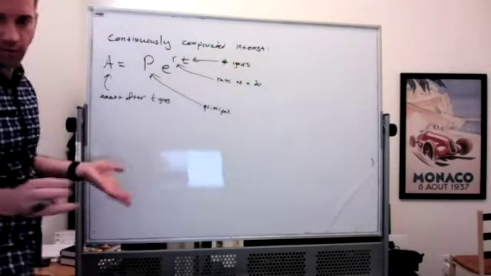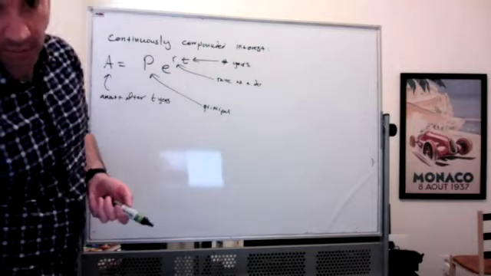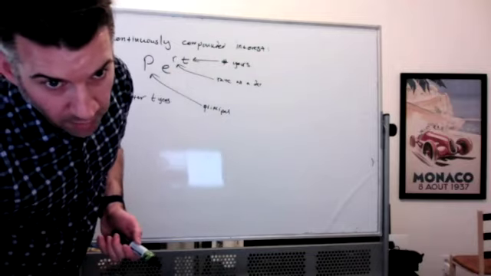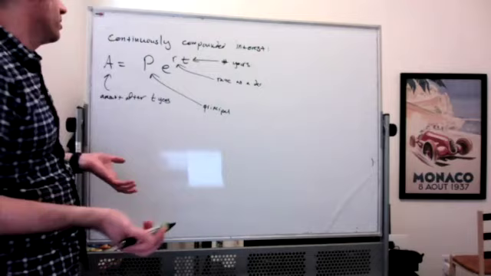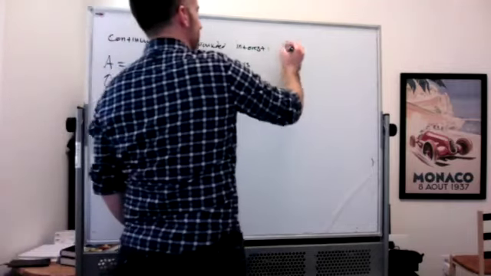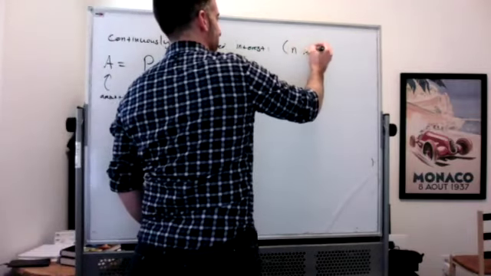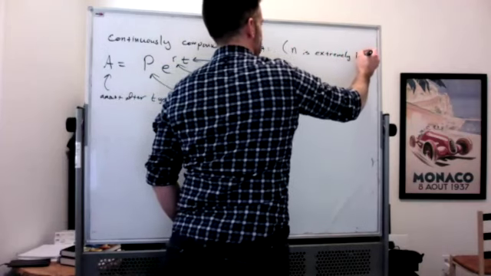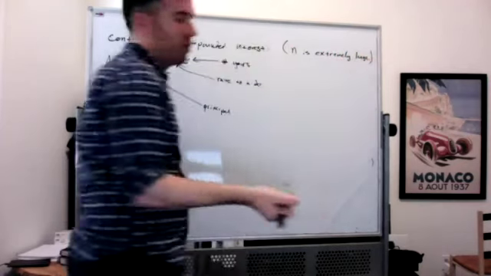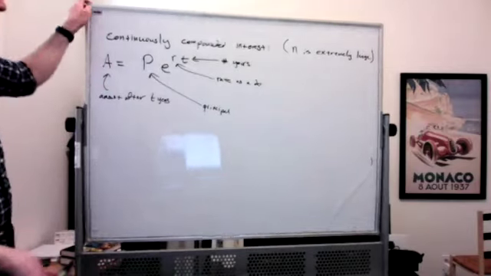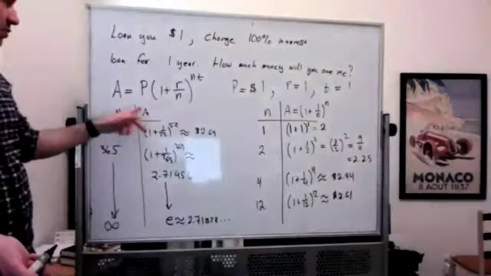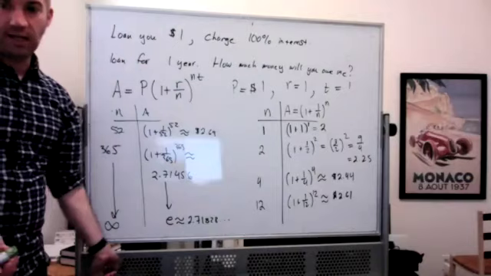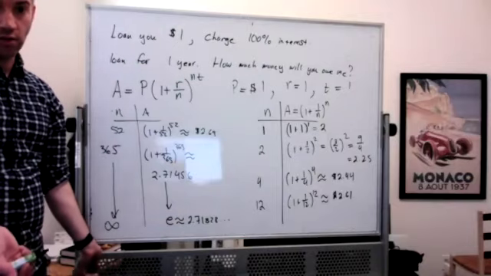Right, it's the PERT formula that I imagine some of you have seen before. So, and again, the idea here is that n is extremely large. And it really does just come from taking this previous formula and letting n get very, very large. That's the whole idea.